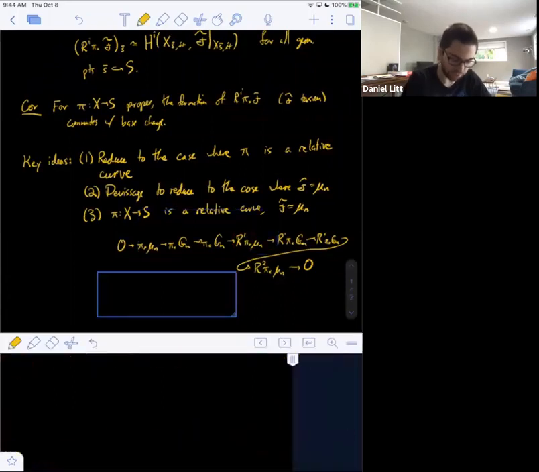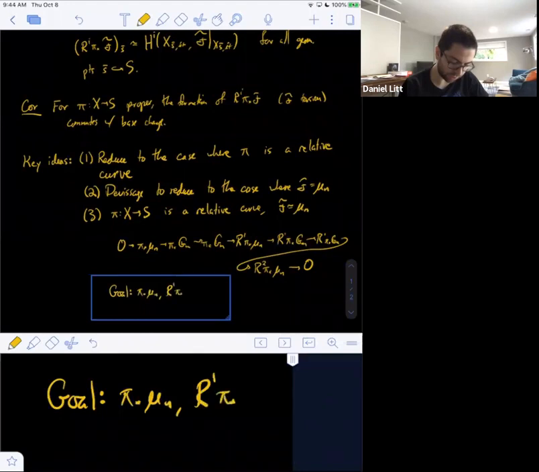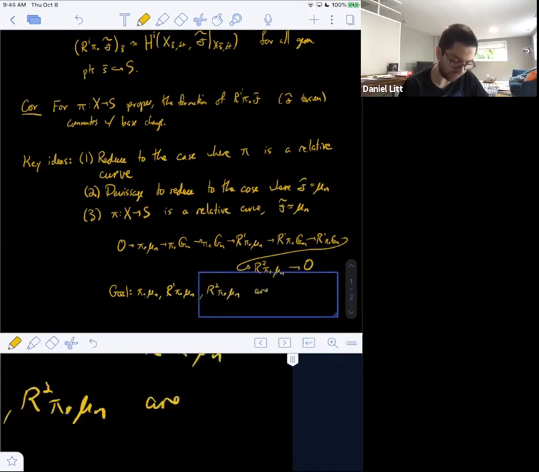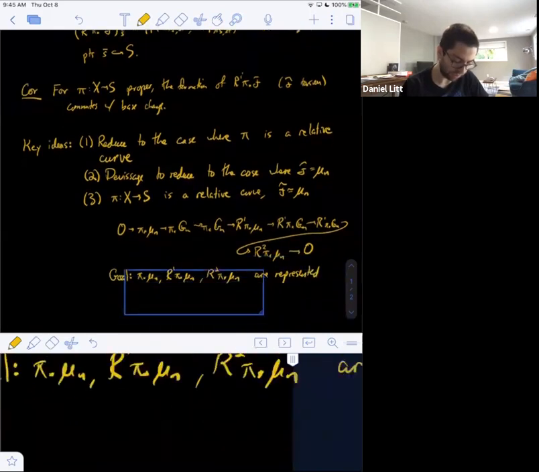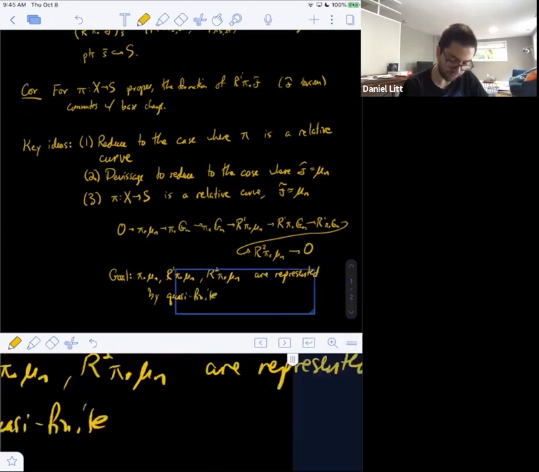And so what's the goal? What we actually want to show is that π lower star μ_n, R1 π lower star μ_n, and R2 π lower star μ_n are represented by quasi-finite S-schemes.